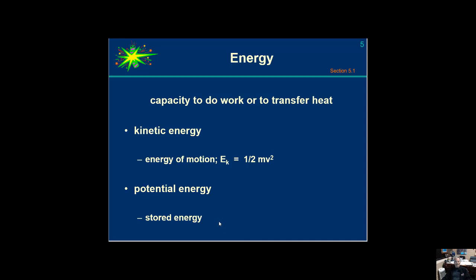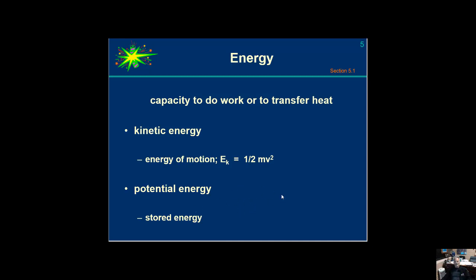And what you'll find out is that bonds, which are the binding energy between different substances, require energy to be broken, and then when bonds are formed, energy is released, and it'll be released in the form of heat. So breaking bonds, just like breaking a stick, requires energy, and when bonds are formed, energy is released.